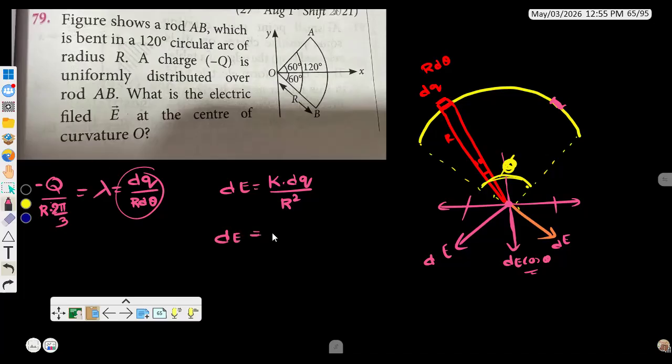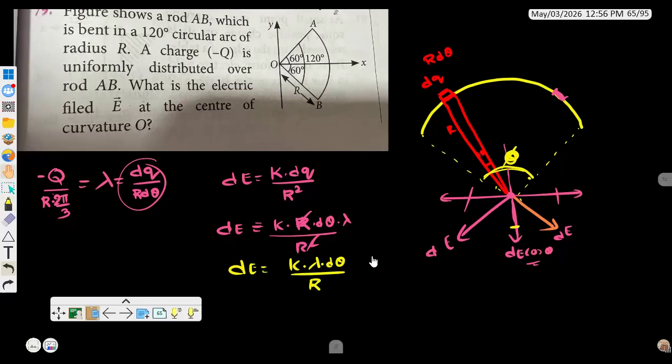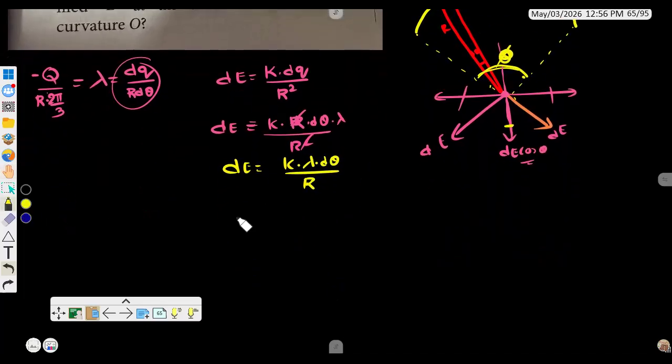So first let us take this and do the equation. dE is equal to k into dq upon r square. We can write dq as r d theta into lambda, so dE equals k into r d theta into lambda by r square. One r gets cancelled out. So dE is equal to k lambda d theta upon r. But we don't want dE, we want dE cos theta, because only the cos theta terms are getting added up and the remaining terms are getting cancelled.